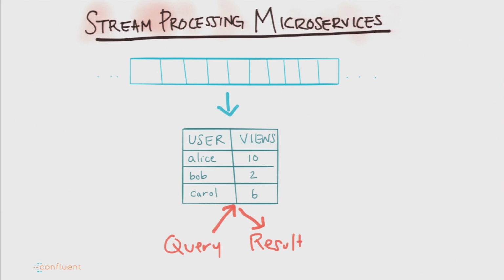For example, we might keep track of those windowed statistics, or we might just keep track of a total count of views over all of time. We can then write an application which handles queries from some other service or from users to get this data back out. So this is something you've probably actually built yourself and may not have even realized that you were doing a stream processing application.